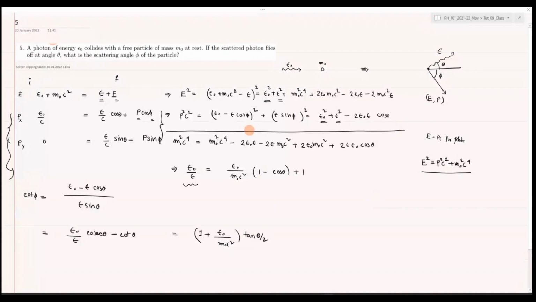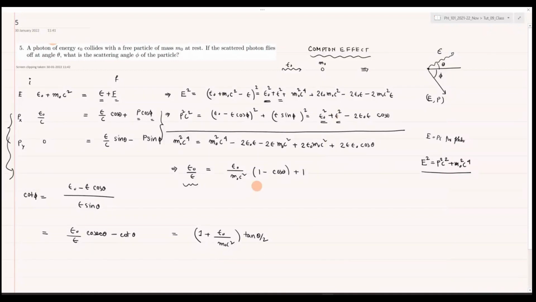This is actually called the Compton effect. And these calculations are very trivial. You can solve it, but if you try to solve now, it will take a very long time if you do not try more. So you try these calculations once.